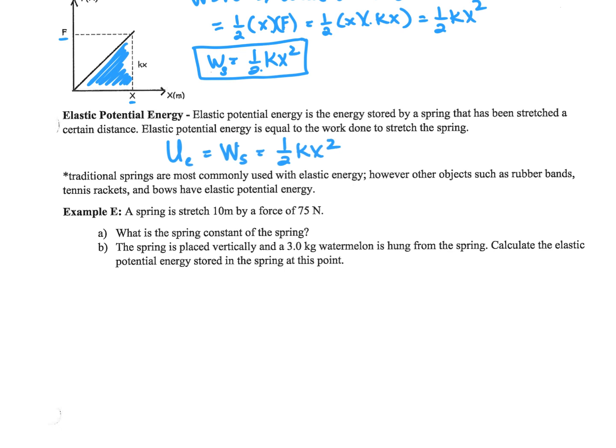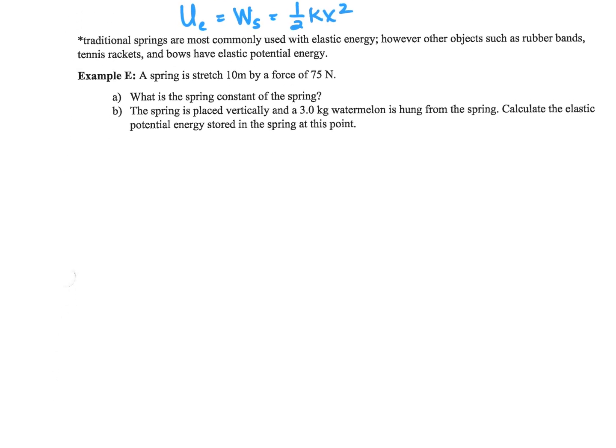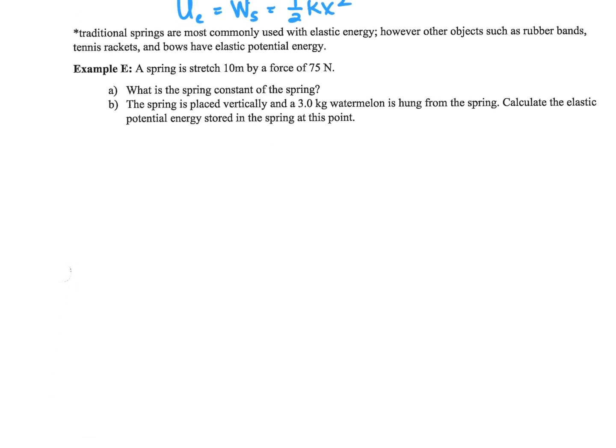Let's look at an example. A spring is stretched by 10 meters by a force of 75 newtons. Okay, no problem. What's the spring constant of the spring? Oh, okay, well, let's figure it out. We know that force is equal to what? Negative kx, right? Well, that force is 75, correct?